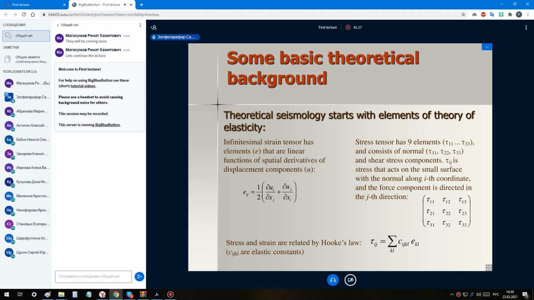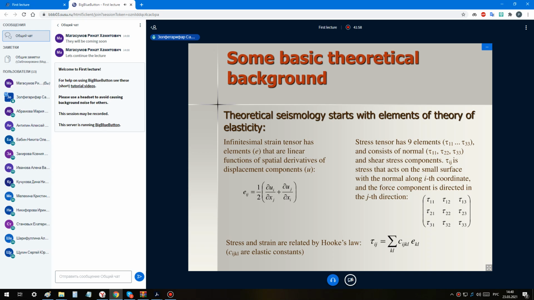The infinitesimal small strain tensor has elements e_ij that are a linear function of spatial derivatives of displacement components u, as shown in this equation: e_ij equals 1 over 2 times (∂u_i/∂x_j plus ∂u_j/∂x_i).